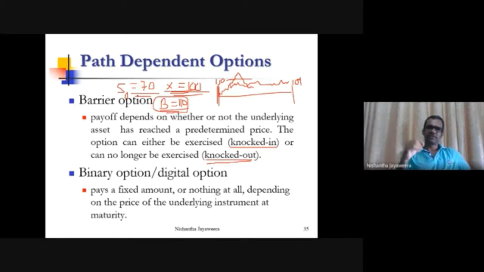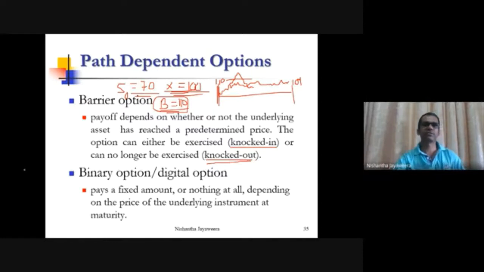So whenever the market is traded at a particular level, your option would become effective or would expire or lapse. That is knocked in or knocked out, whatever can happen depending on your agreement.